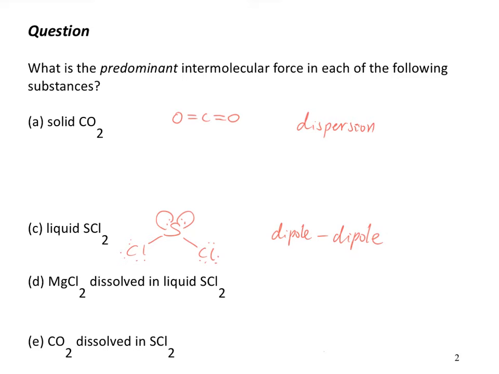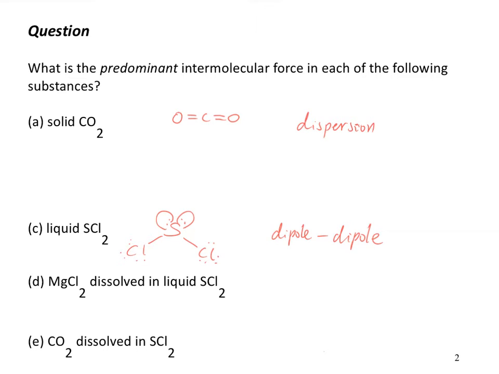Then the next one is magnesium chloride dissolved in liquid sulfur dichloride. So in this case, what are the predominant intermolecular forces between magnesium chloride and sulfur dichloride? We know sulfur dichloride has dipole-dipole interaction among its molecules. Now the first question is, do we have ions? Yes, we do. We have magnesium chloride, with magnesium 2 plus cation and chloride anion.